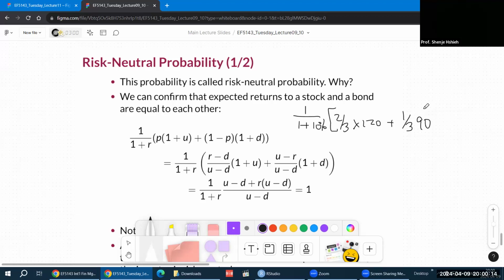So I'm holding the stock now, right? That's going to give me 100, right? So 2/3, 120, 1/3, 90. That's the weighted average of the likelihood, right? I'm using the 2/3 and the 1/3 as the likelihood now of the state, right? The risk neutral likelihood of the state. 2/3, 120, that's the stock goes up. 1/3, 90, that's when the stock goes down. And I'm discounting it back using 10%. That gives me a payoff, a price of $100.